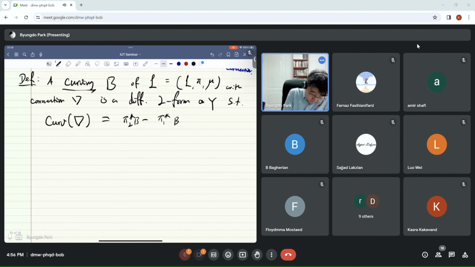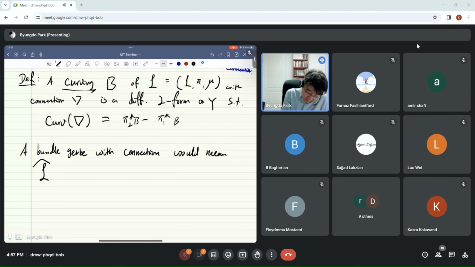So a bundle gerbe with connection would mean this L, I'm going to denote it by L hat, because I've been denoting differential stuff with a hat.